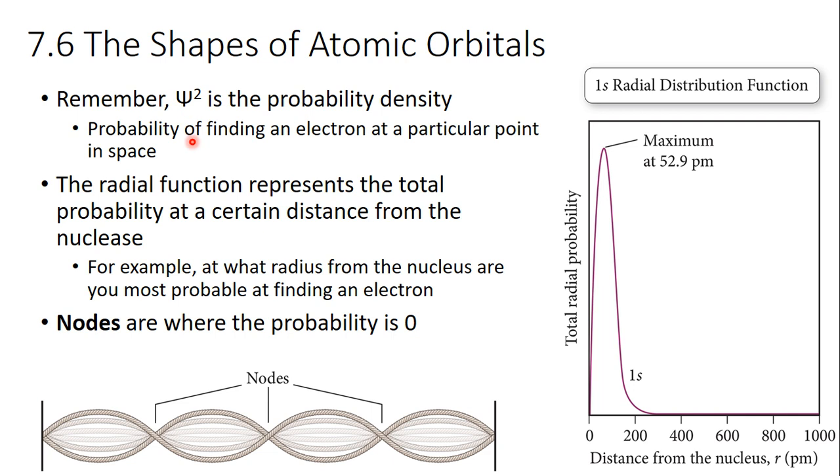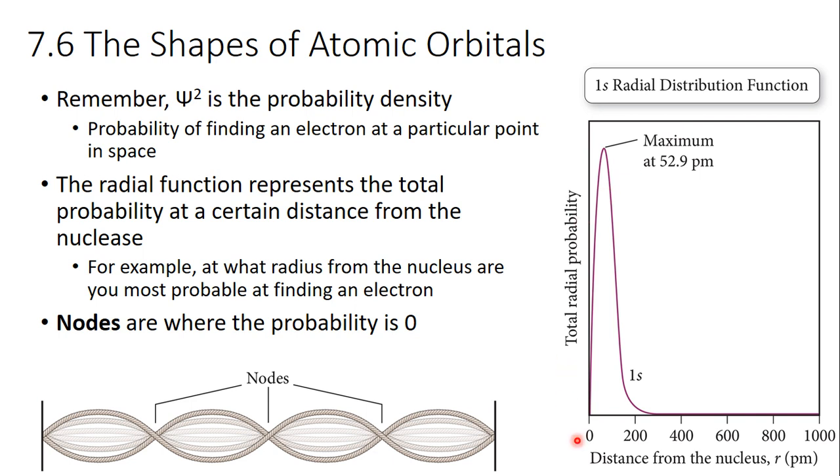So remember Schrodinger's equation. When you square his wave function, you get a probability density. You get the probability of finding an electron versus distance. The way we talk about this is called a radial distribution function.